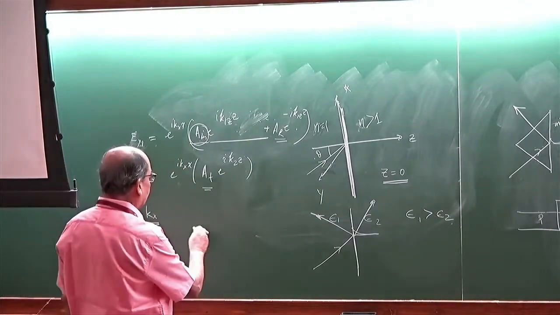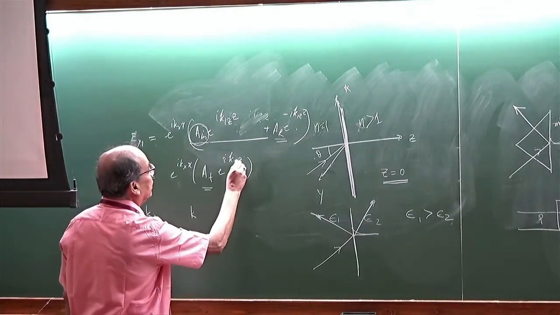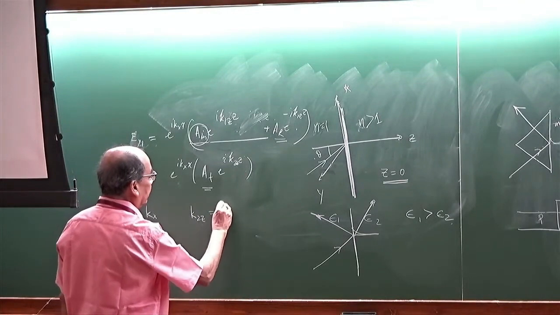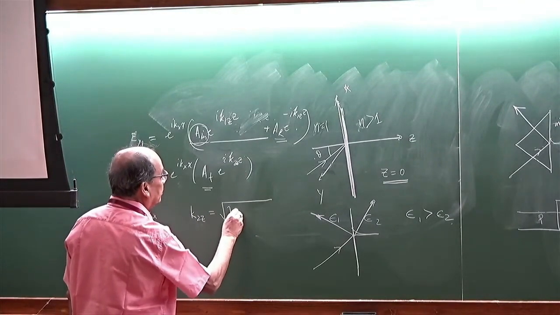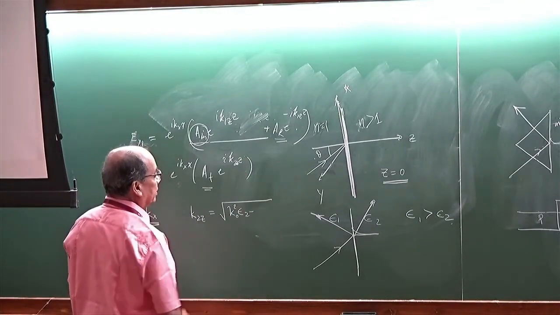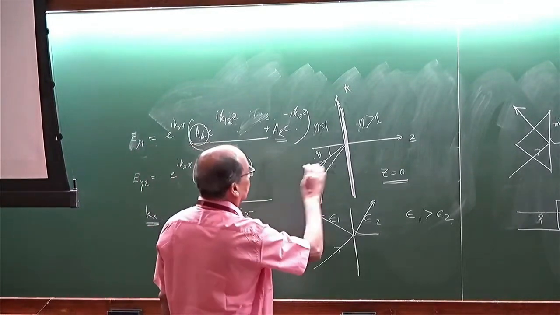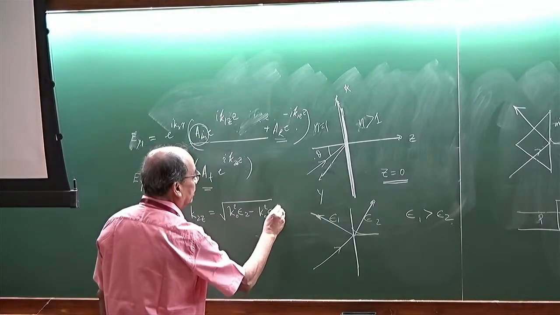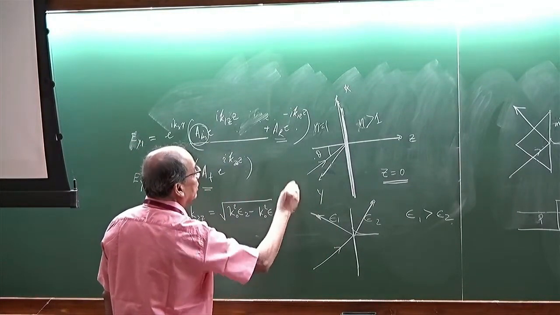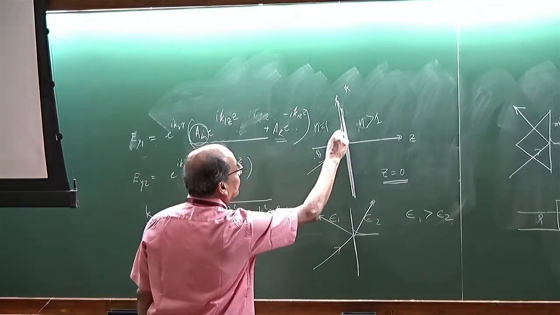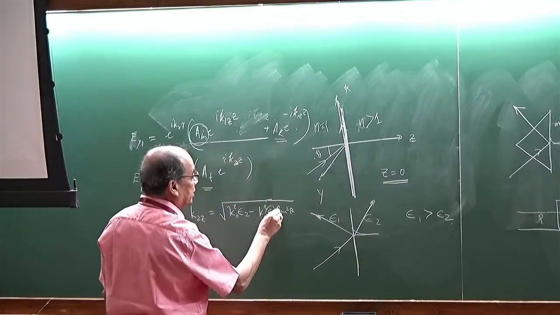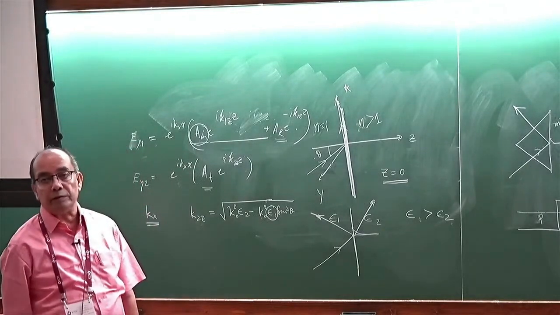Now look at the structure of K2z. It will be K naught square epsilon 2 minus Kx square, where Kx square is K naught square epsilon 1 sine square theta, because the wave is incident from medium 1.